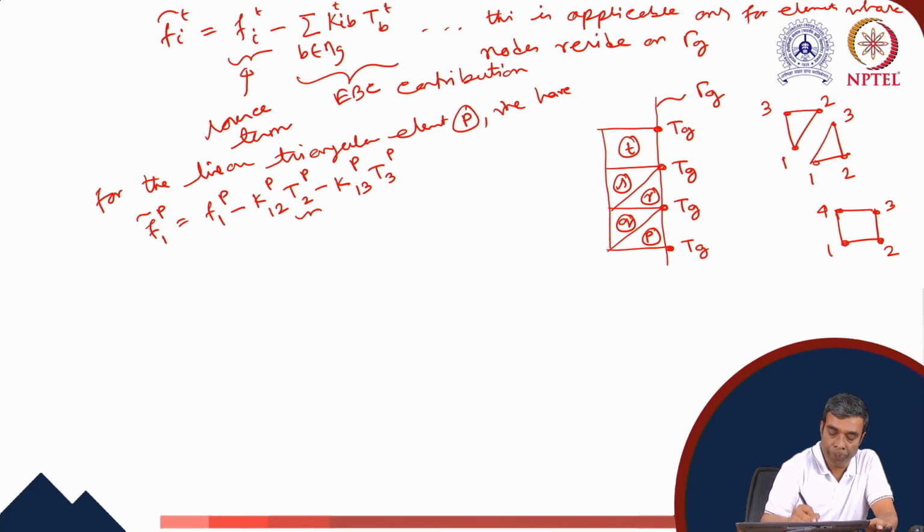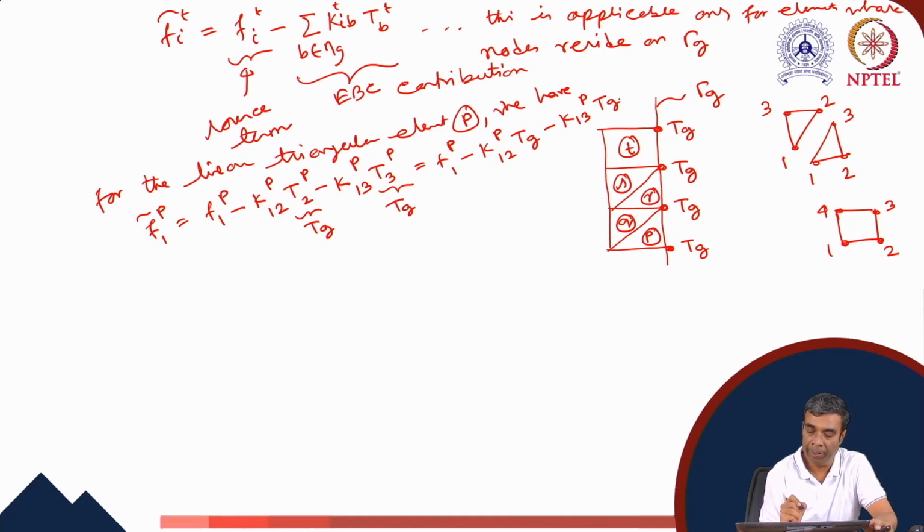Now T2P and T3P are equal to Tg, the given temperature. So we can write it as F1P minus K12P Tg minus K13P Tg. So this is for element P.